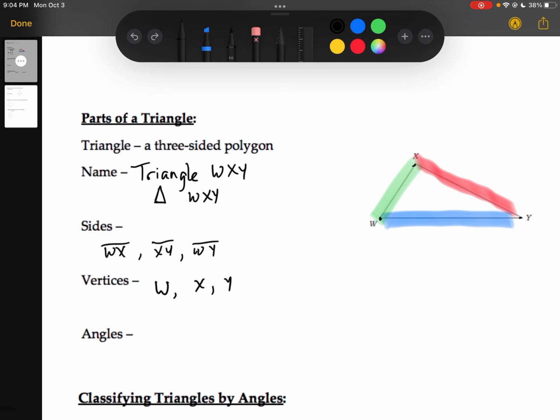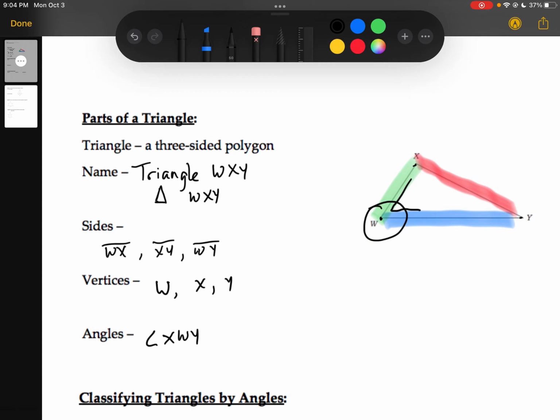So within triangles, we have a few angles as well. And remember, we name angles using the 3 points that make them up. So the 3 angles here, we have X, W, Y. So from X to W to Y, that's our first angle, right there. We also have WYX. And remember, you're putting that vertex in the center.